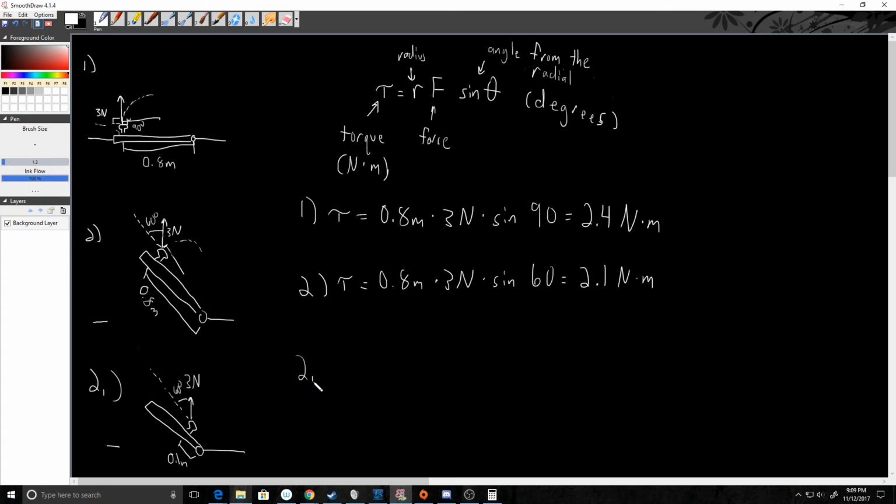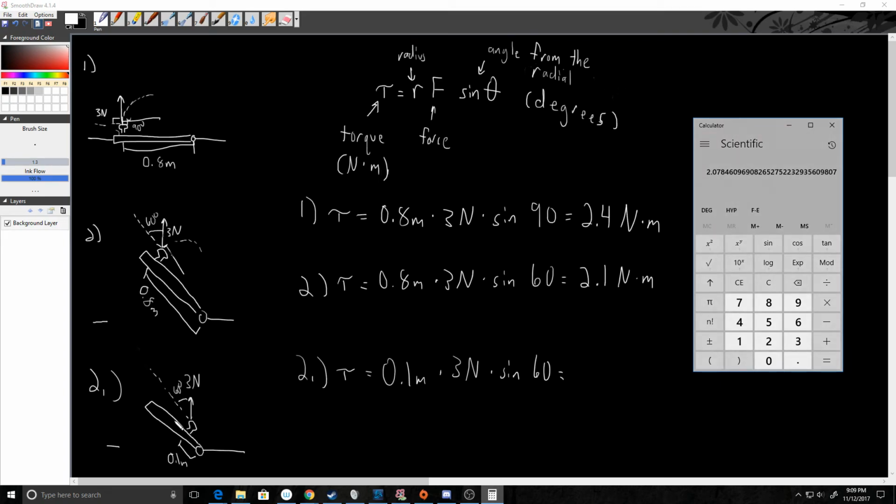So 2 prime, 1 I should say. So now my torque, I'm still going to use the same formula. That radius though has changed to 0.1 meters. The force stayed the same at 3 newtons. And we're using the same angle as we did for the last part, okay? We just moved the doorknob closer.